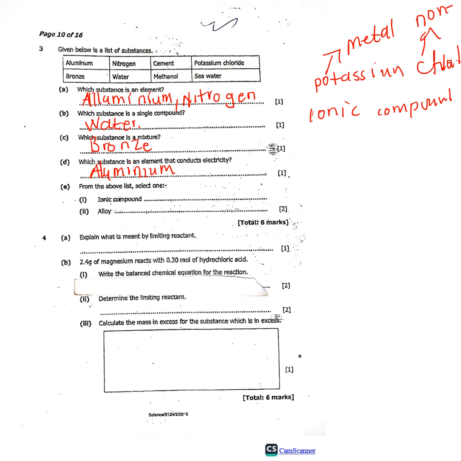So we can see that potassium chloride is an ionic compound. Then we have an alloy, bronze.